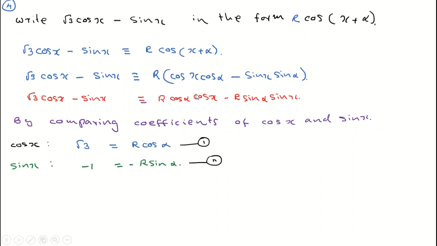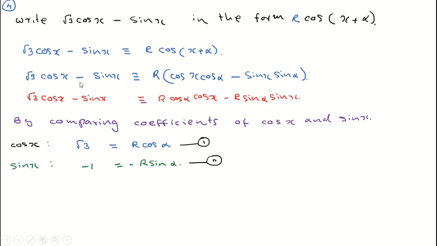We'll take the other example, example number 4. Root 3 cos x minus sin x in the form of r cos x plus alpha. Root 3 cos x minus sin x is equal to r cos x plus alpha. We always take this and expand and compare the coefficients. It's a routine, a simple process, just to remember.